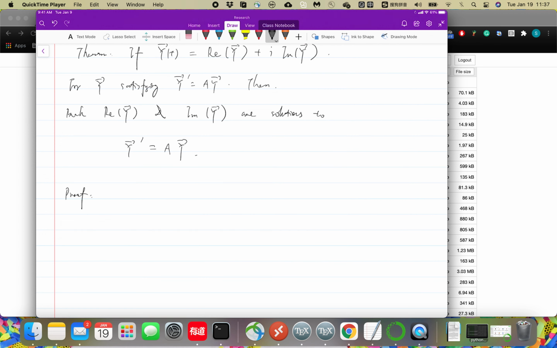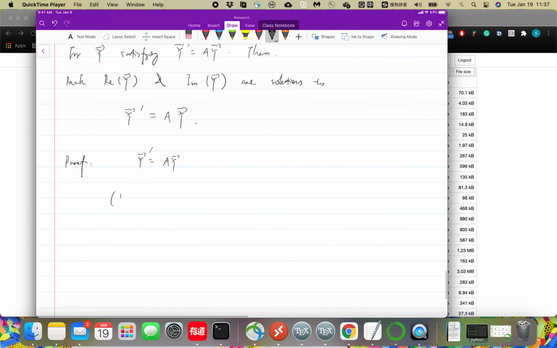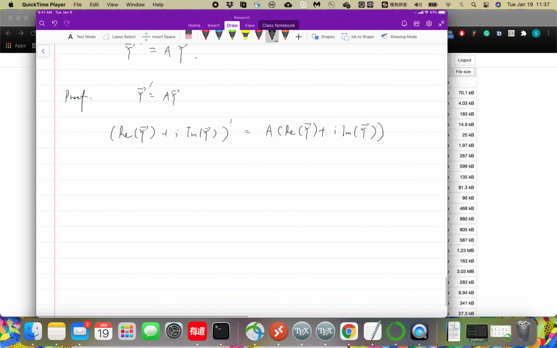Okay, assuming you already know y satisfies this. That simply means this one satisfies this because your y is in a complex form: a real y plus I imaginary y. Now on the left you have this, plus I imaginary y prime equals A real y plus I imaginary y.